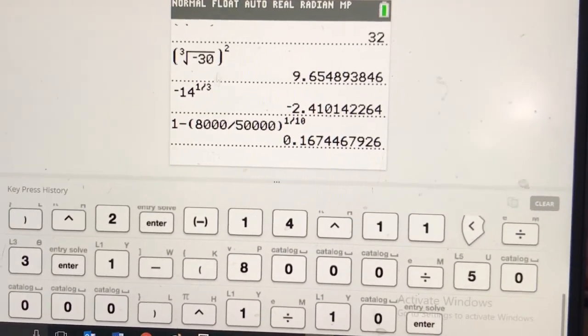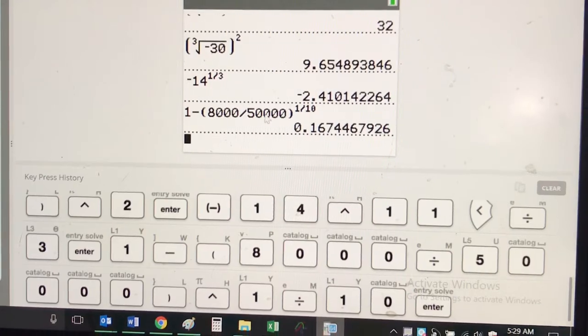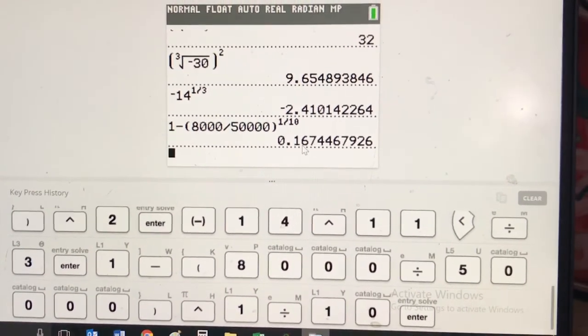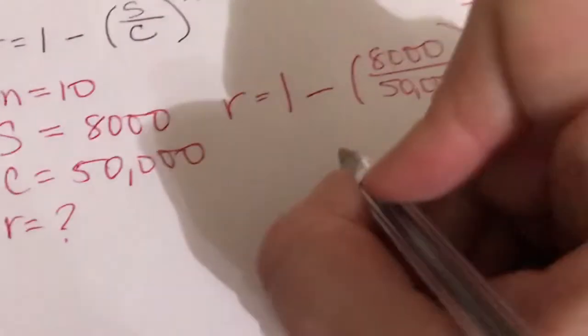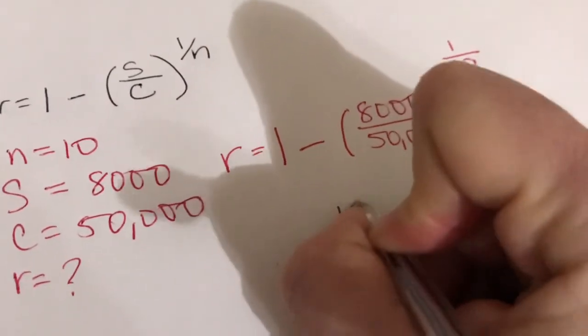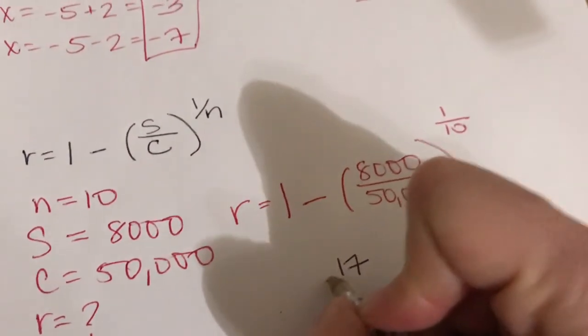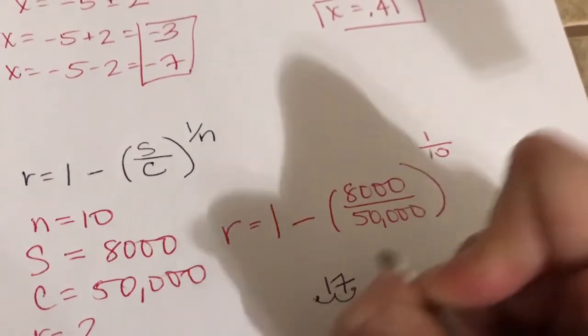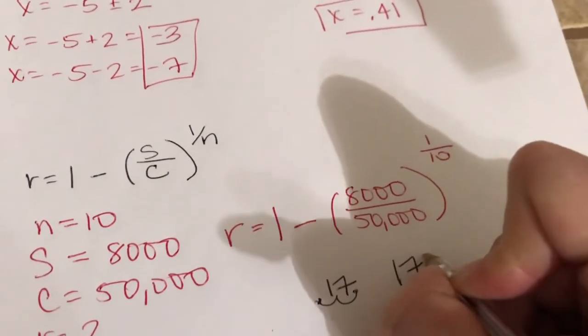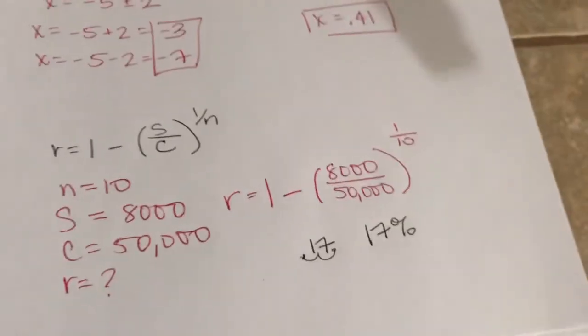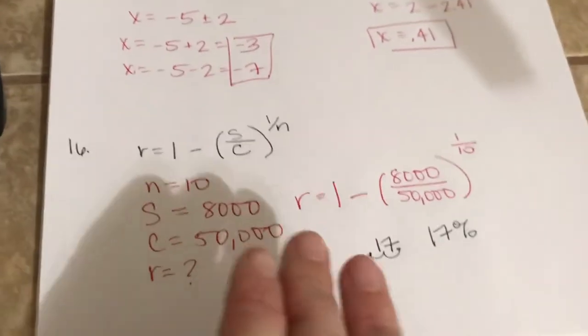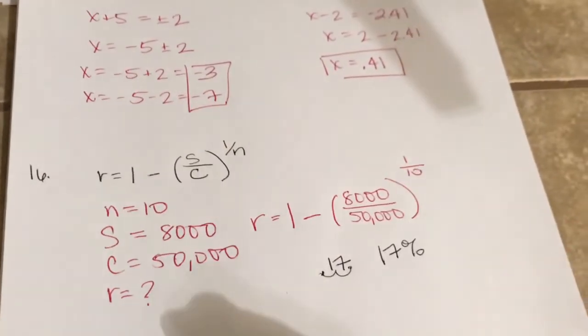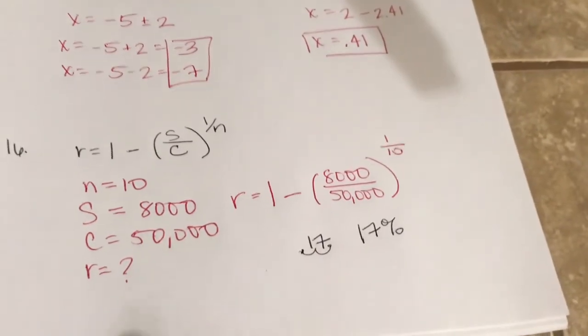So I get about 0.17, which percentage-wise, so 0.17, if I convert that to a percent, I move the decimal twice to the right, so it's about 17%. So that means the ultrasound machine is declining in value about 17% per year.